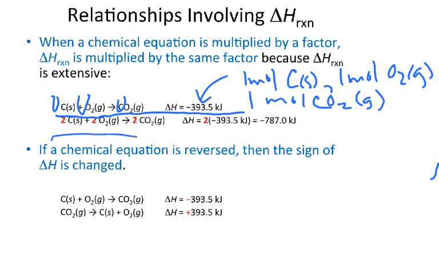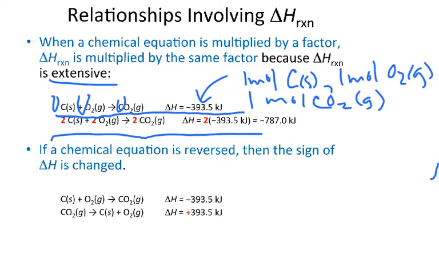I'm just looking at the coefficients in front of each one of these reactants and products. If you were to double each one of these so that you had 2 moles of carbon, 2 moles of oxygen, and 2 moles of carbon dioxide, the enthalpy would increase by 2. So this is what we mean by this being an extensive property. If you increase the amount of matter that you're thinking about in a reaction, the enthalpy is going to increase by whatever proportion or whatever factor that you use.